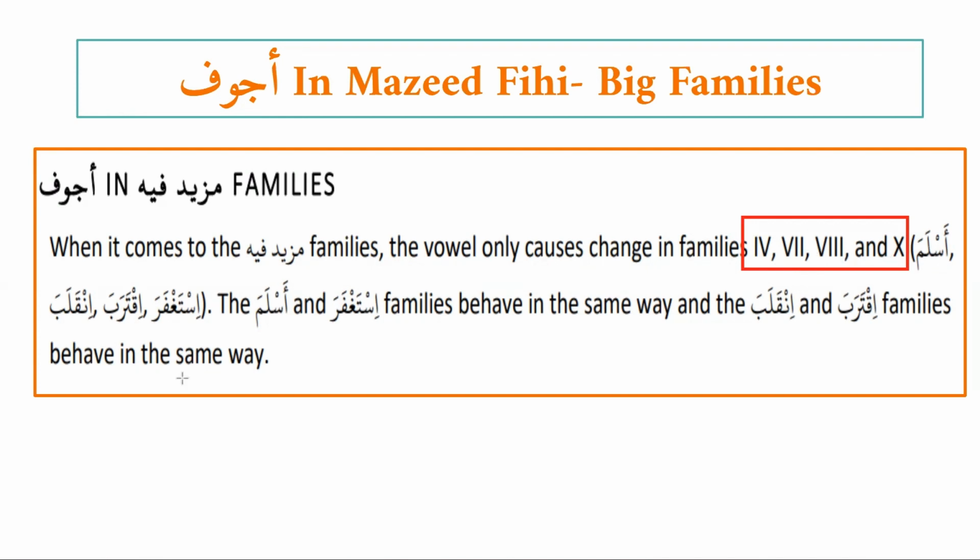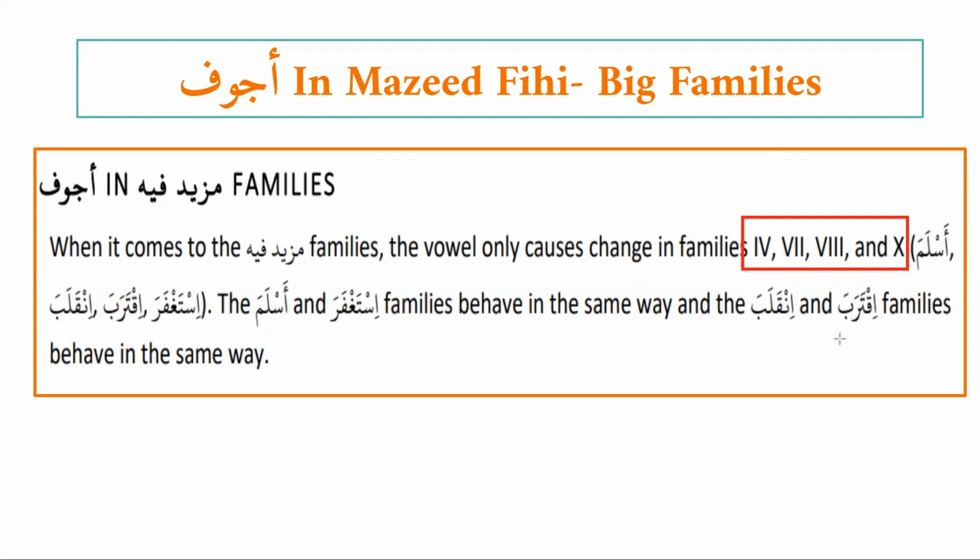If we look at the changes that occur in these families with Ajwaf irregularity, you will find that family 4 and family 10 have similar surf changes, and the changes in family 7 and family 8 are similar.